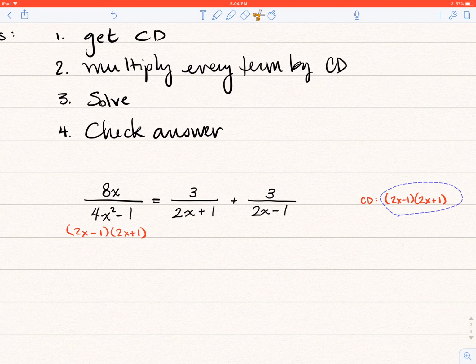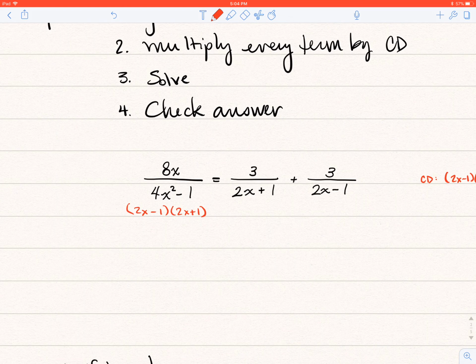In my tips, the next tip is that you're going to multiply every single term by the common denominator. So I'm going to take the entire equation and I'm going to multiply by 2x minus 1 times 2x plus 1. Realize I'm only multiplying on the top because the bottom is actually a 1.